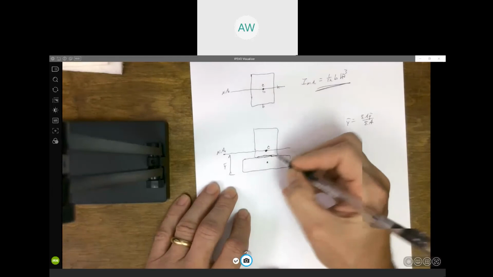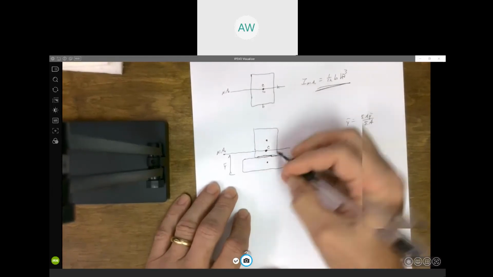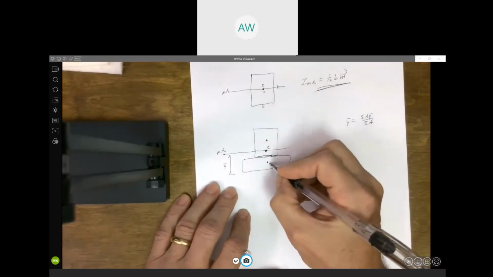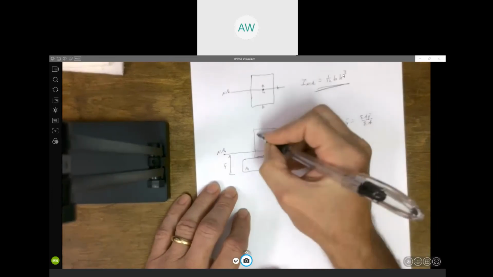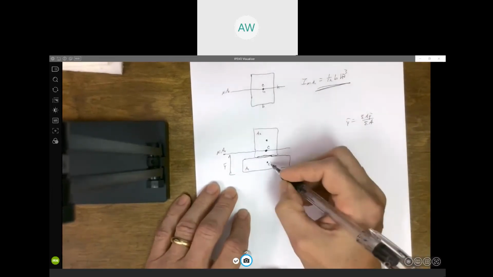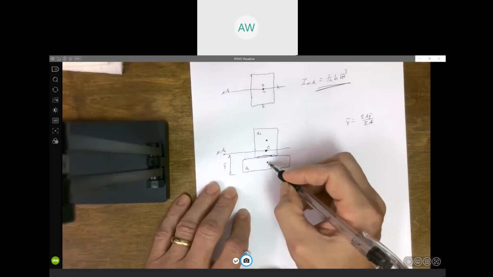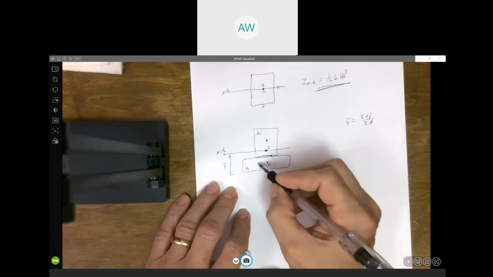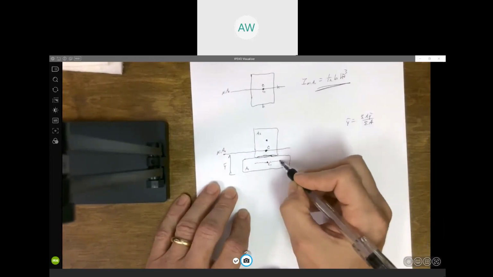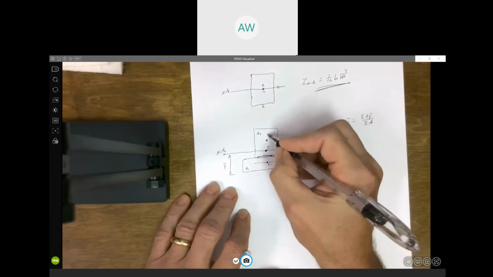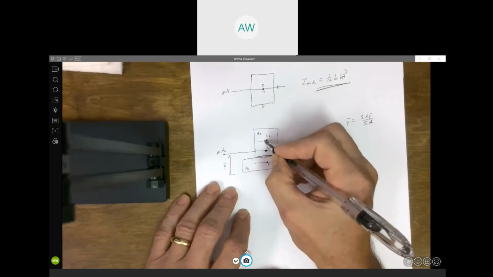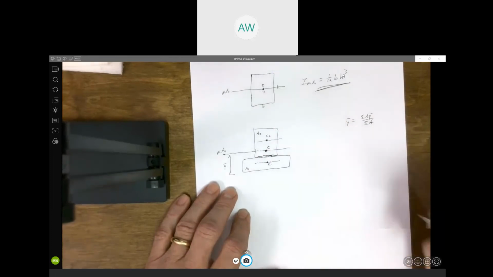But the centroid here, say, we'll call this A1, A2, the centroid for that is not located on the neutral axis. Same thing up here. This centroid is not located on the neutral axis.